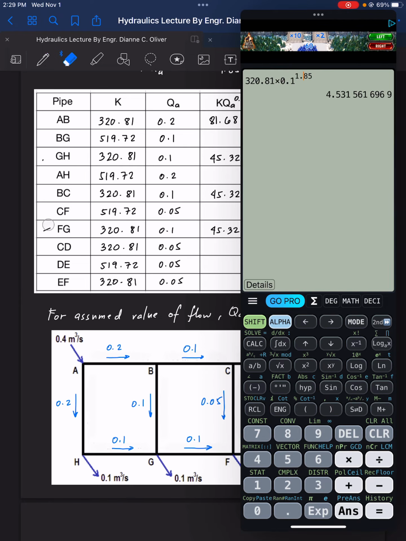Next, 320 times 0.05, for CD and EF. So CD and EF: 0.085, that is 25.14.